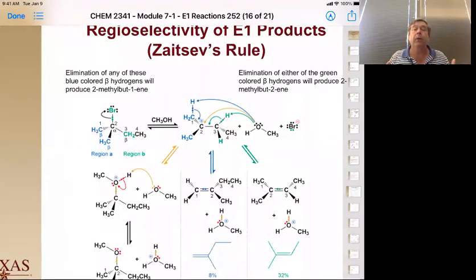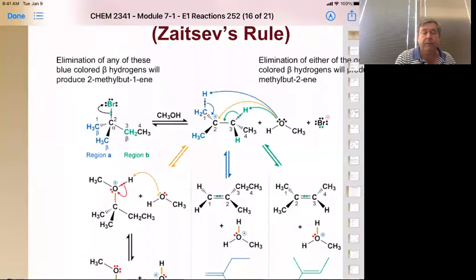It's called the Zaitsev Rule. And what the Zaitsev Rule says is that if you have a choice between hydrogens, the beta hydrogens that are next to your carbocation, you're going to remove the hydrogen from the one that is more substituted. Okay, so let's take a look at that in a minute.